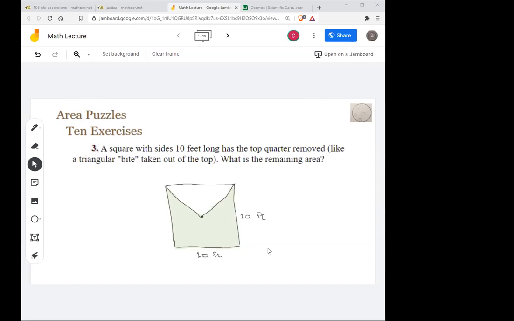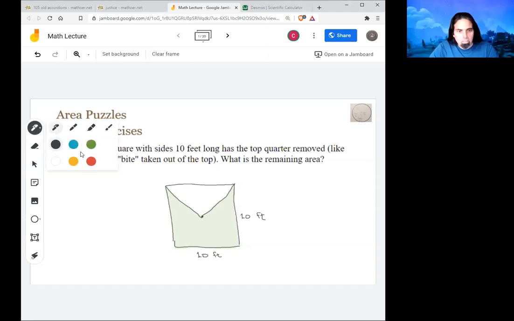Find the area of the square first. Okay, that certainly makes sense. So here is the whole square. Oops, let me draw that better.